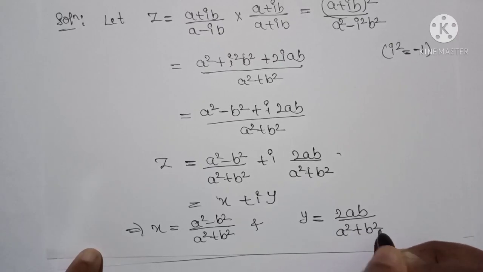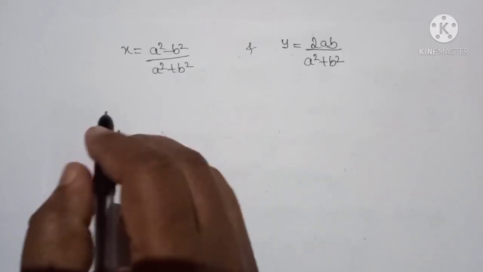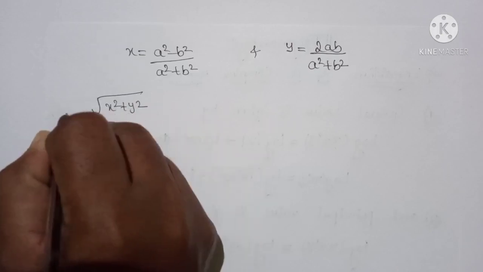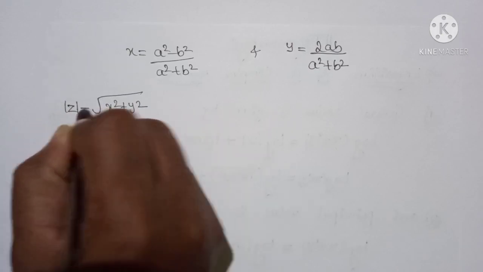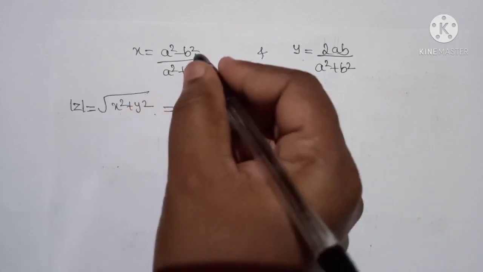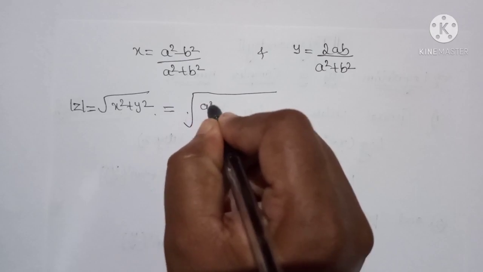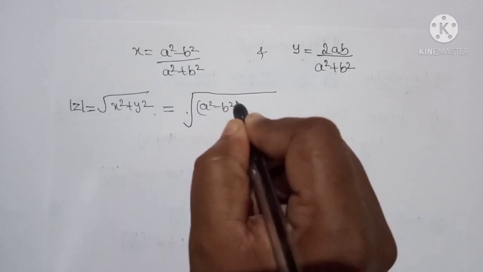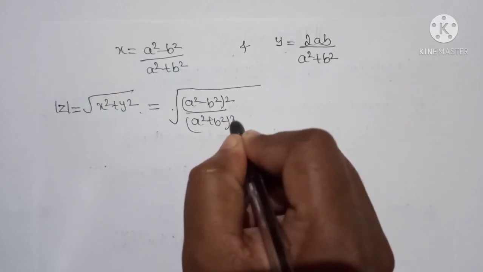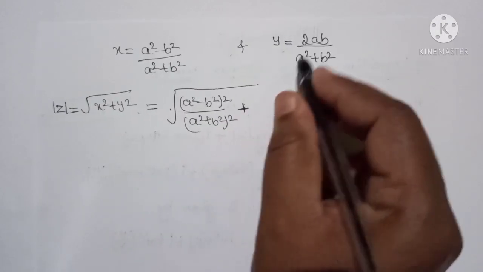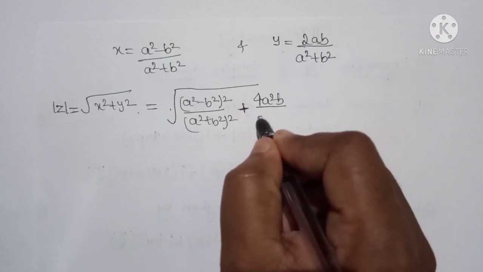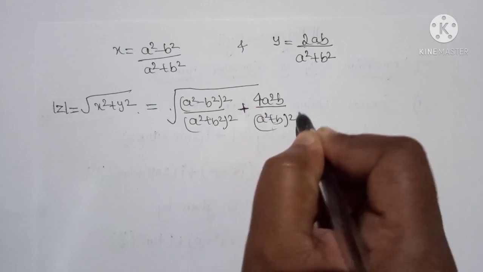Now we require mod z, which equals the square root of x square plus y square. This is the square root of (a square minus b square) whole square divided by (a square plus b square) whole square, plus (2ab) whole square, which equals 4a square b square divided by (a square plus b square) whole square.